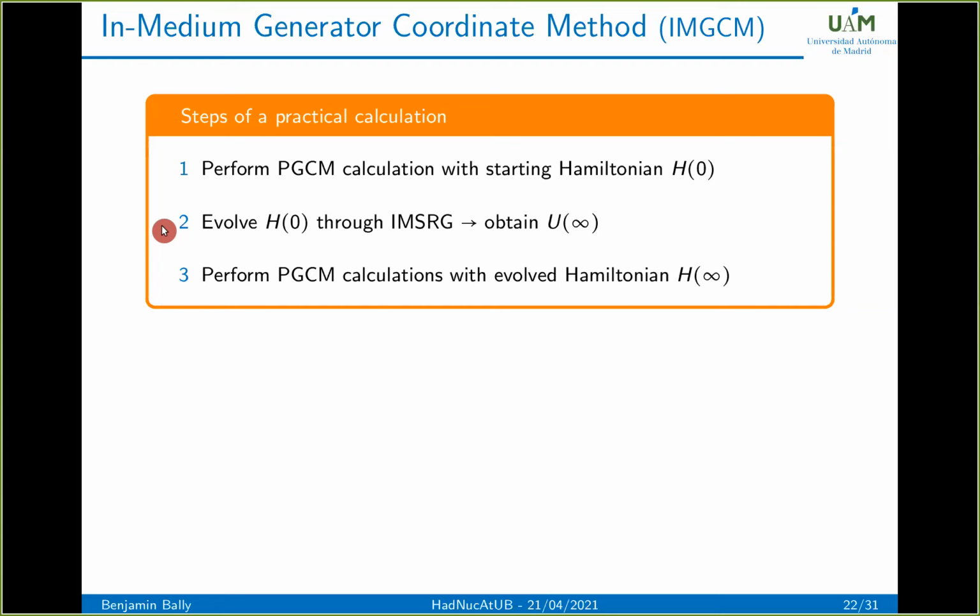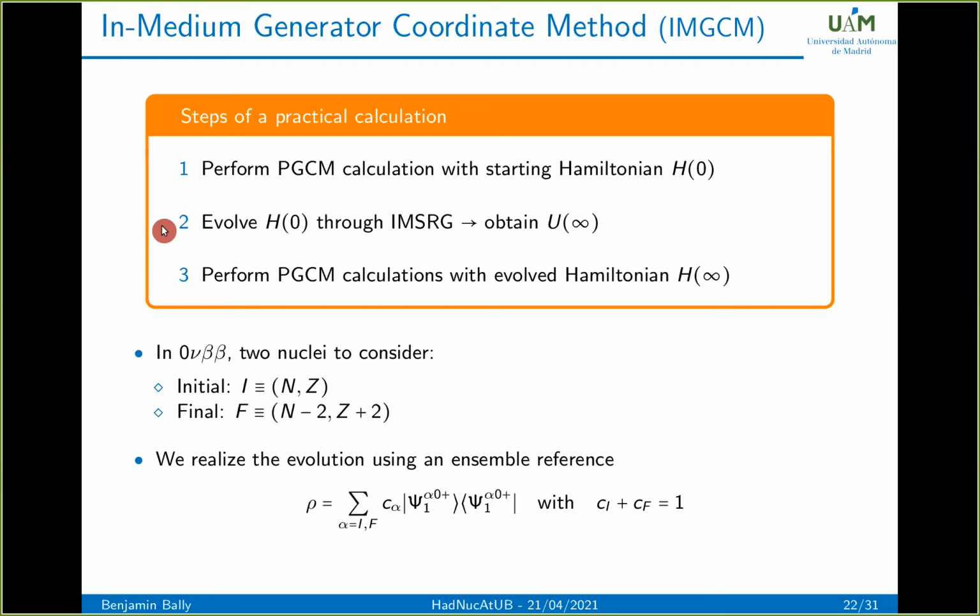But it's something that people maybe at some point will try to do. Who knows? There is an additional complexity here because, as I mentioned in the abstract of my seminar, I want to talk about neutrinoless double beta decay, and in that case you have to consider not only the initial nucleus, but also a final nucleus that has a different number of protons and neutrons. In principle, you could perform PGCM plus IMSRG calculations for the first one, and then for the second one, and try to combine the unitary transformations that will be different.